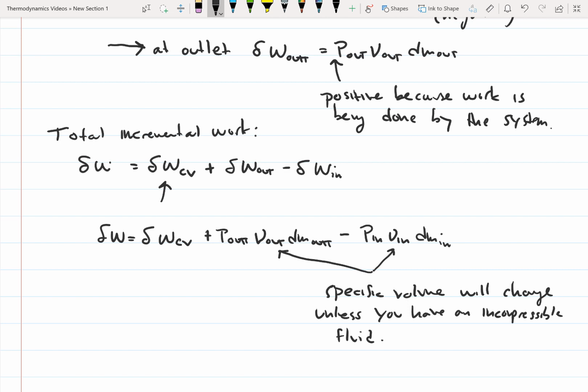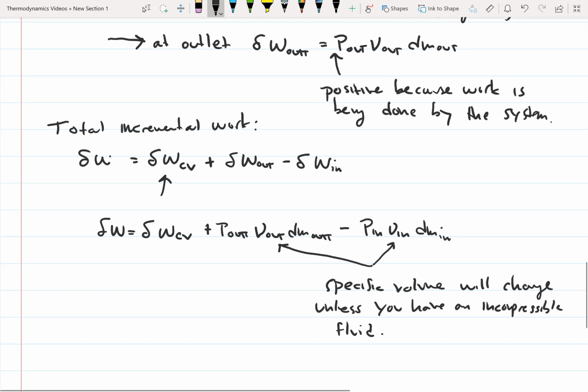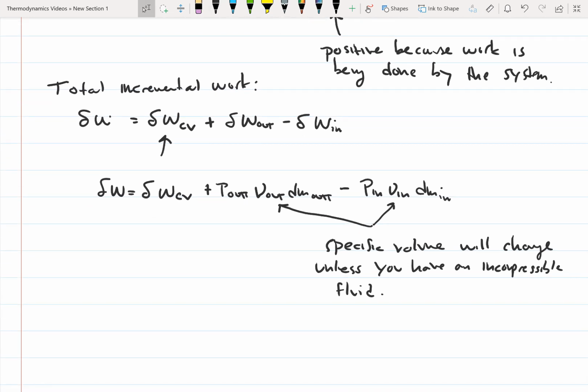A lot of times in just a fluid flow class, you can assume that the specific volume is constant because you can assume that the density is constant because you're talking about a flowing liquid. But in this case, we don't know if it's constant. It could change. A lot of times we're dealing with gases, or something that's being compressed, so we can't make that assumption until we've looked at the problem.